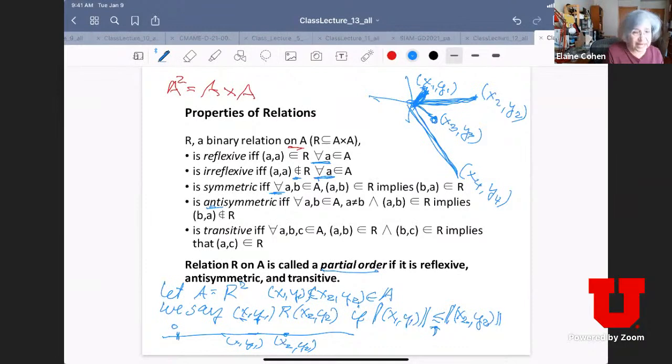So if the magnitude, the length of this line, is less than or equal to the length of that line, then they can't be reversed. (x2, y2) is not less than or equal to (x1, y1) in distance. So in that case, if we're on the real line, it is anti-symmetric.